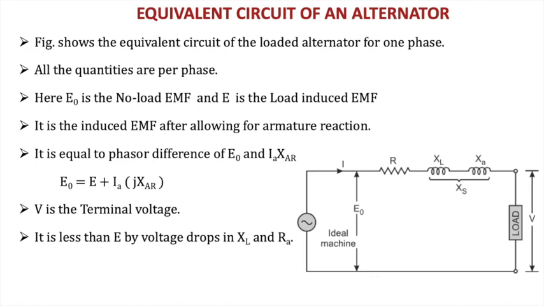V is the terminal voltage, and it will be less than the induced EMF because of the voltage drops in the leakage reactance and the armature resistance. So E will be equal to V plus IA into (RA plus jXL), and you can add the armature reaction reactance also to get the final terminal voltage on load.